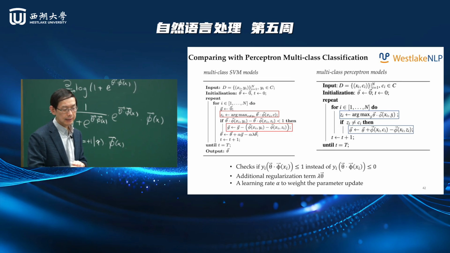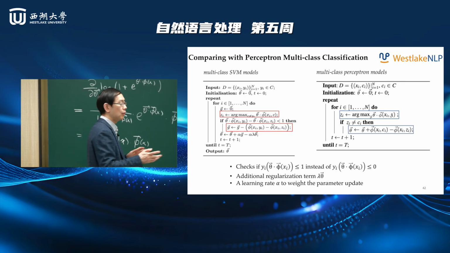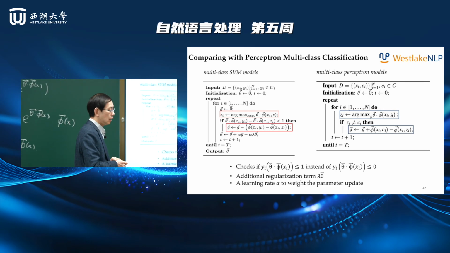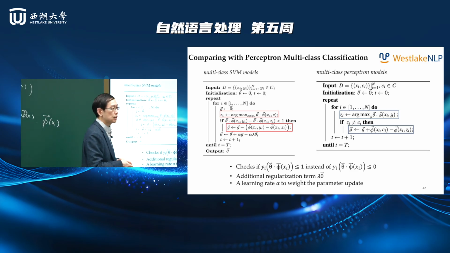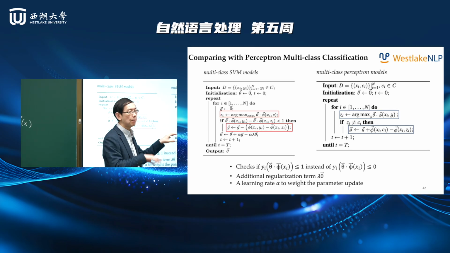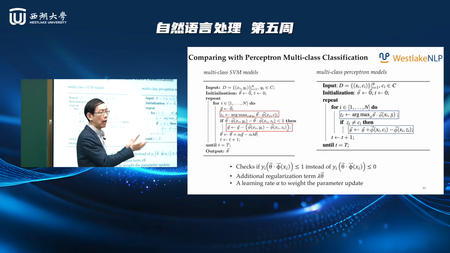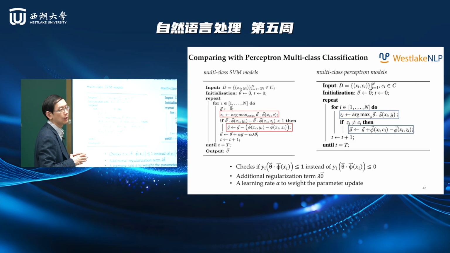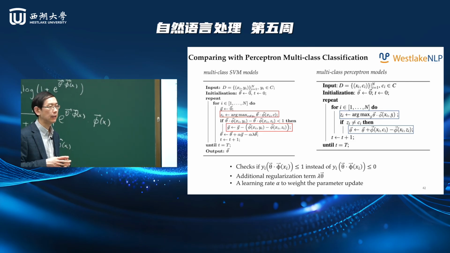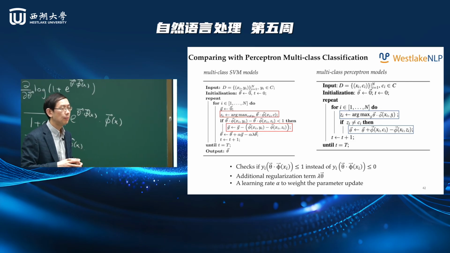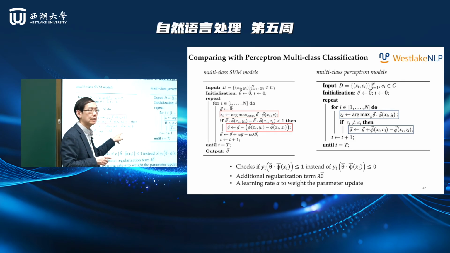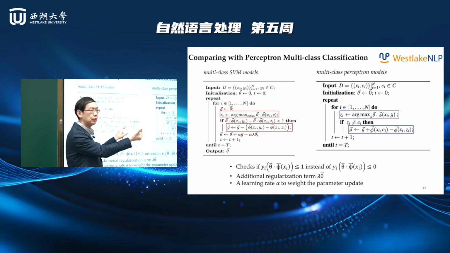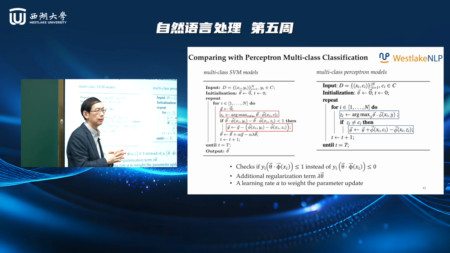For the multi-class case, it's similar. Both algorithms run through the training instances for t iterations, and both use the gold feature vector minus an incorrect feature vector to update the model parameter. SVM has a learning rate in addition, but the condition is different. Perceptron looks at the gold and the model output. As long as the model output is not the gold, it does the update.